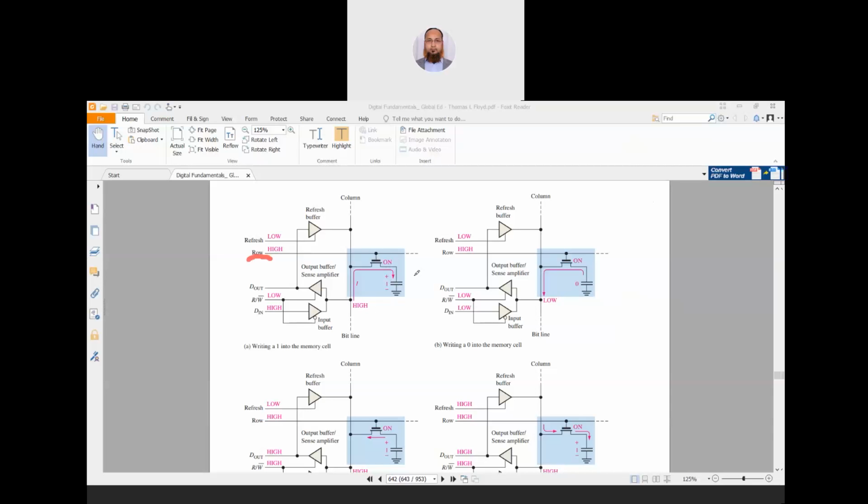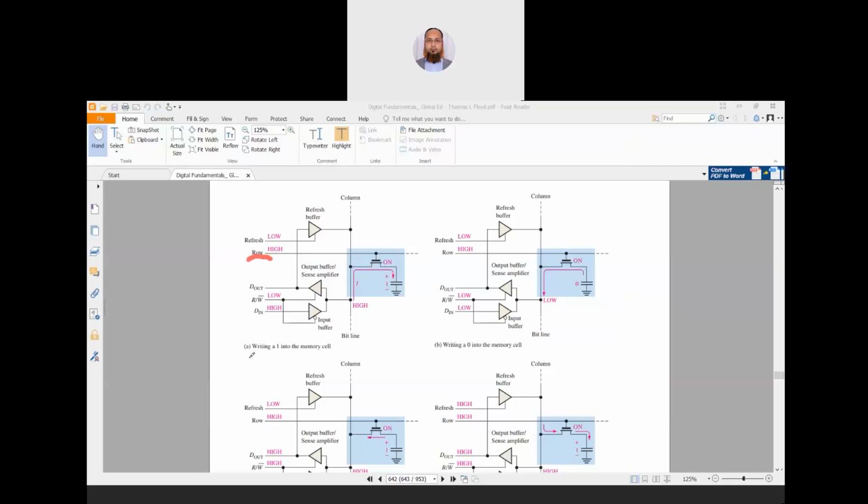Another thing is that whenever we want to access this capacitor, meaning we want to read or write or refresh, we have to turn on this MOS. Okay, so the MOS is on. Now this can be connected to this point. It depends on what we want to do, so it will charge or discharge. It depends on what operation will happen, and on the voltage we apply.